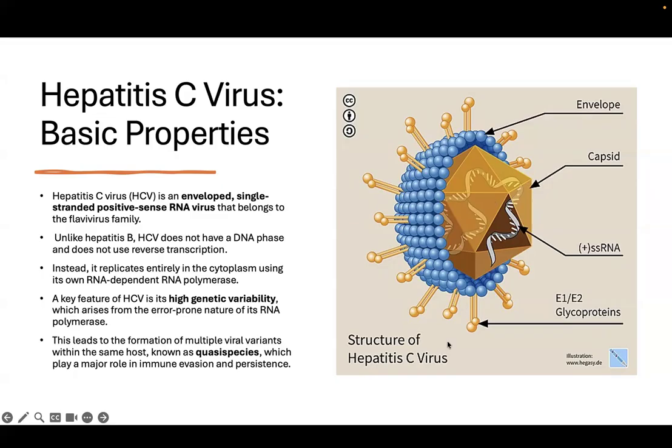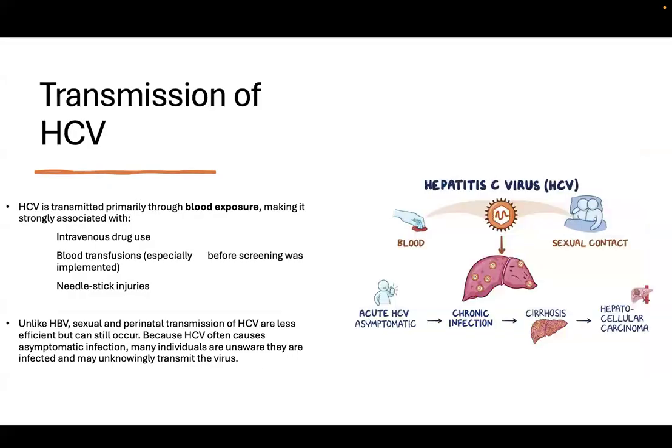It goes into one cell, and suddenly you create different versions of the virus that have different mutations. We call this quasi-species, where you have multiple viral variants, so multiple hepatitis C viruses that have different mutations. This is why you have huge immune evasion and persistence of the hepatitis C virus.